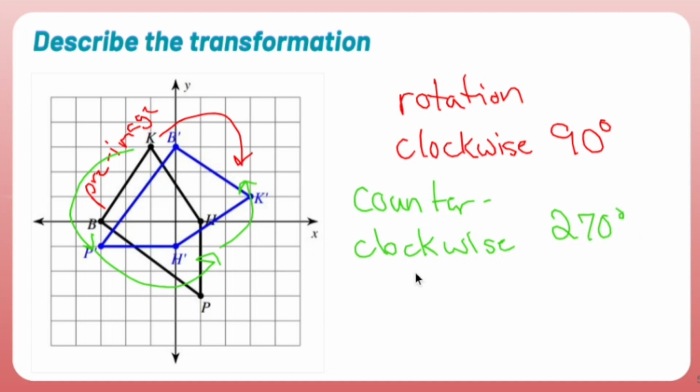Neither of us. We're both right. There's two possible answers here. Spinning 90 degrees clockwise is the exact same thing as spinning 270 counterclockwise. So either answer is acceptable. You just have to make sure that you get the right number down for the direction that you're going. But that's it. That's how you describe this rotation right here.